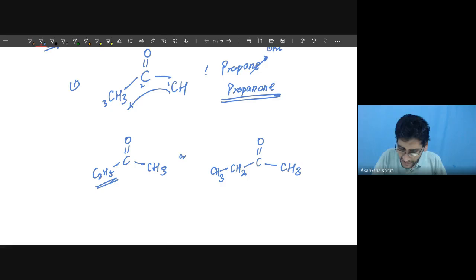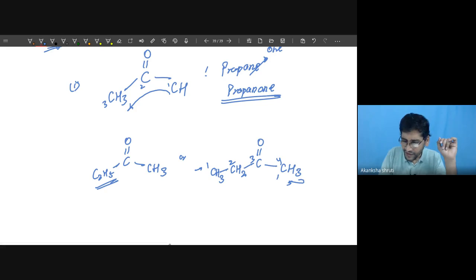Then how to number, or what will be the name? Here we are getting 1, 2, 3, 4, a total of 4 carbons. You can number 1, 2, 3, 4 from this end. Another person may also number from this end. So 1, 2, 3, 4. Then whether 3 is preferable or 2 is preferable.